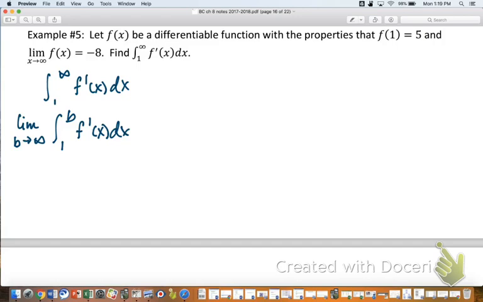On this one, the only main trick that you've got to see here is what's the antiderivative of f prime? It's just f. So it'd be the limit as b heads towards infinity of f of x evaluated from 1 to b.